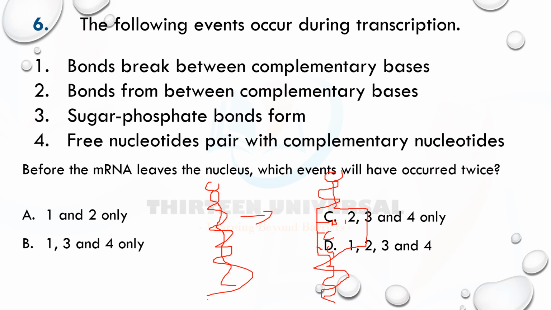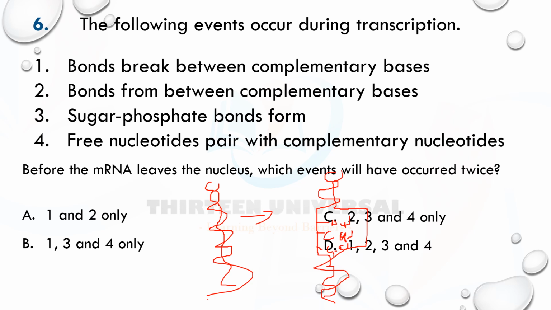When the RNA nucleotides pair with that, the nucleotide with U will pair with A, because we do not have nucleotides with T; what we have is nucleotides with U. So A pairs with U. The other one is C, so we're going to have a nucleotide here, G, pairing with C. G will pair with another nucleotide that has C. So they form hydrogen bonds.